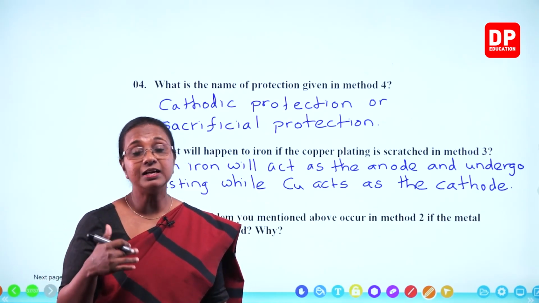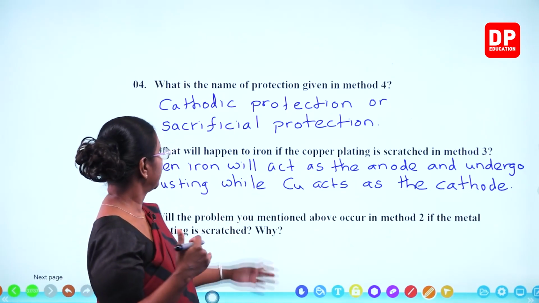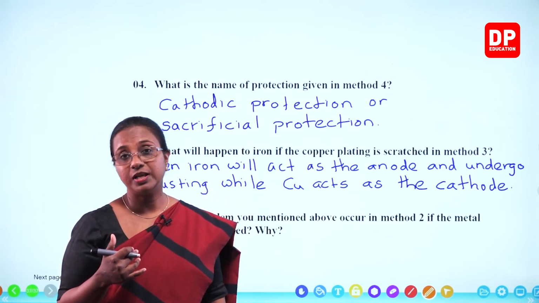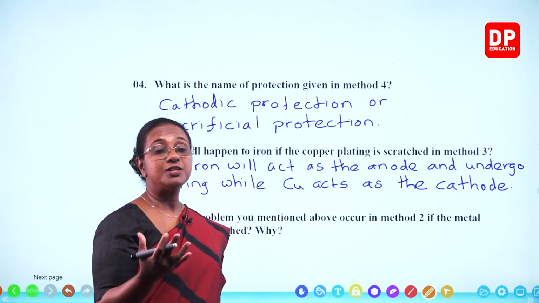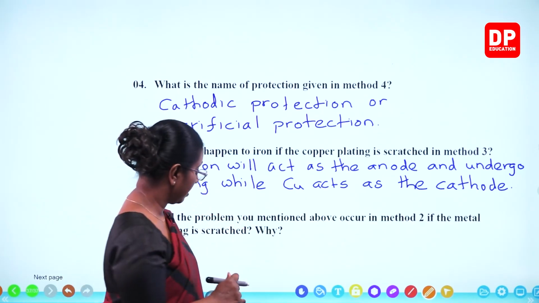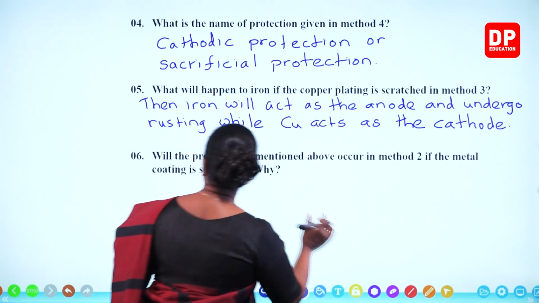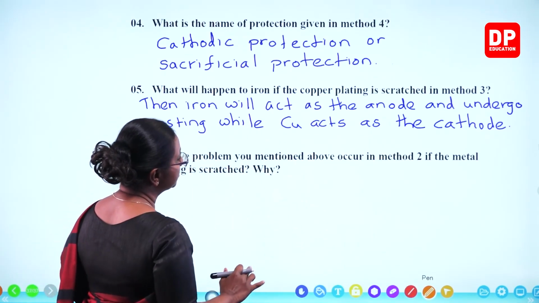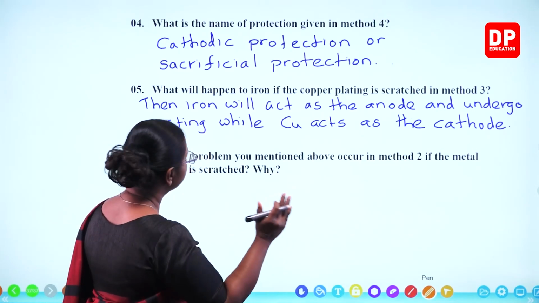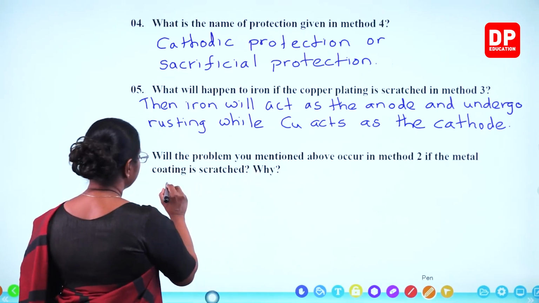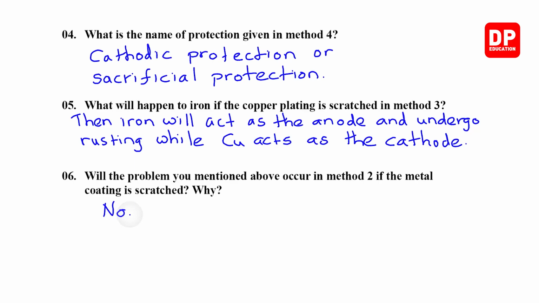So, it is like a cathodic protection, like this one, cathodic protection. So, because of that, iron will not rust. So, here they have asked, will the problem you mentioned above occur in method 2 if the metal coating is scratched? So, the answer for that is no.